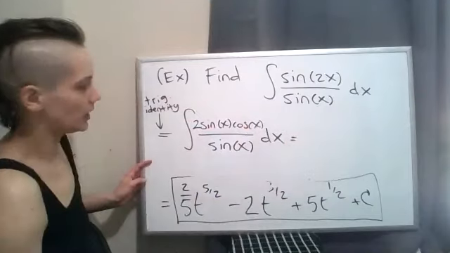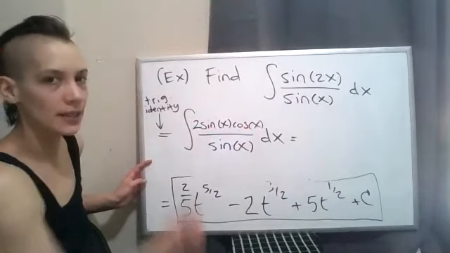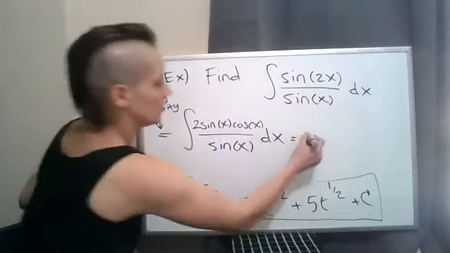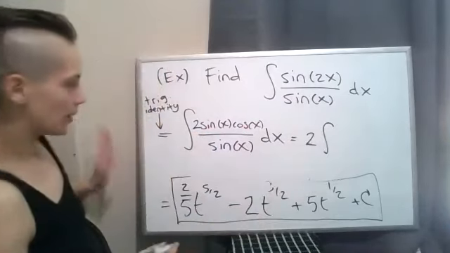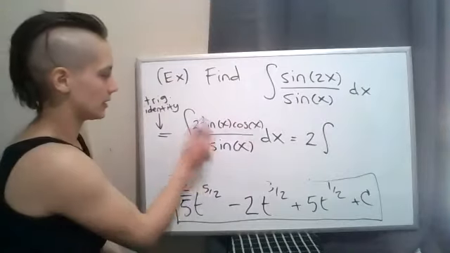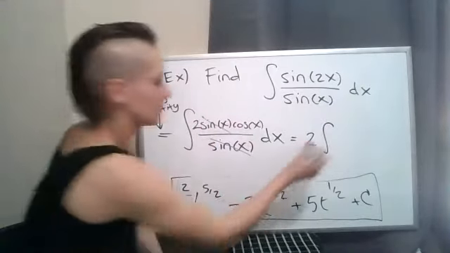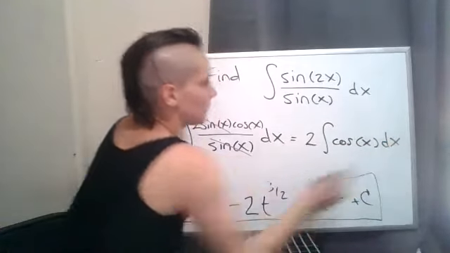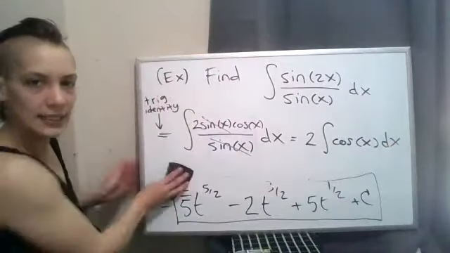So we're going to integrate 2 cosine of x. I can bring any number value in front of the integral sign if I want to. I'd like to have that 2 out front, my cosine of x dx.